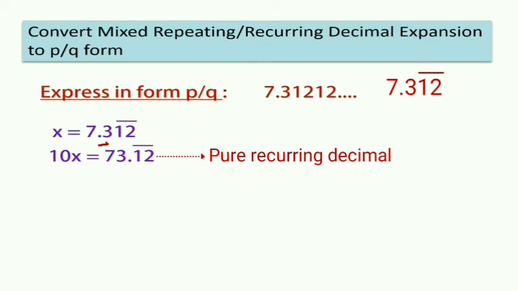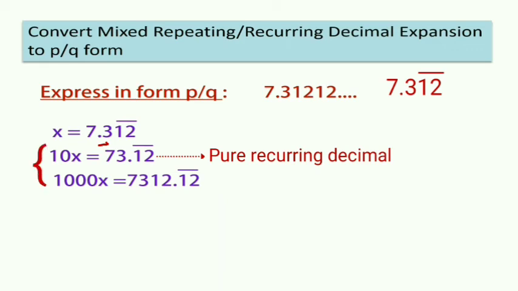Now we apply the same process as for pure recurring decimal. So here multiply by 100 on both sides. Here we get 1000x equal to 7312.12 bar. Now subtract these two.